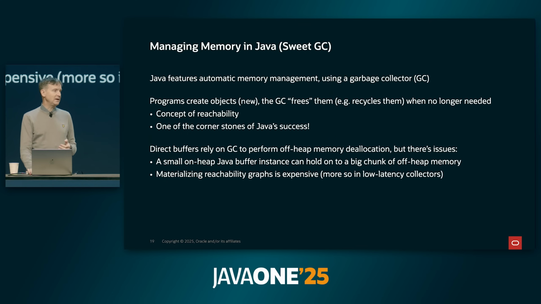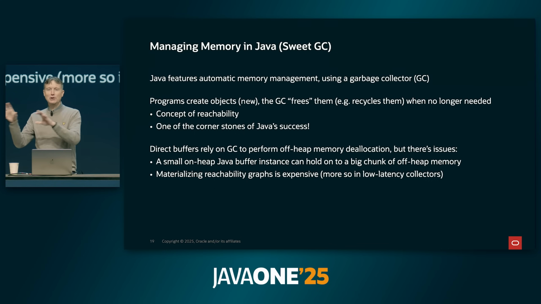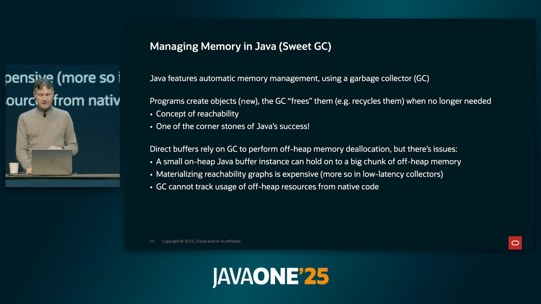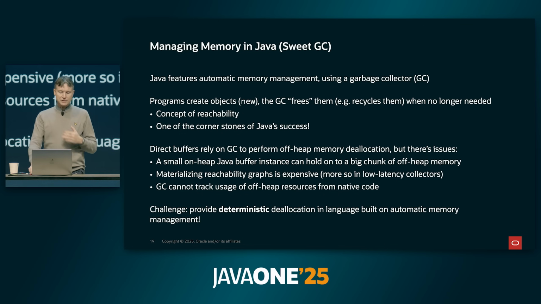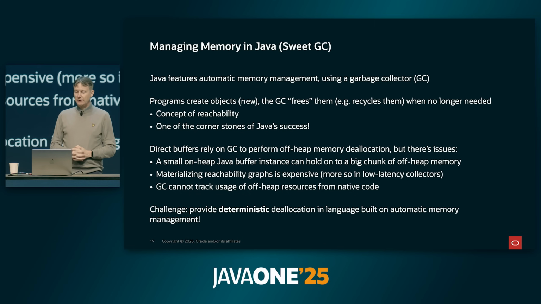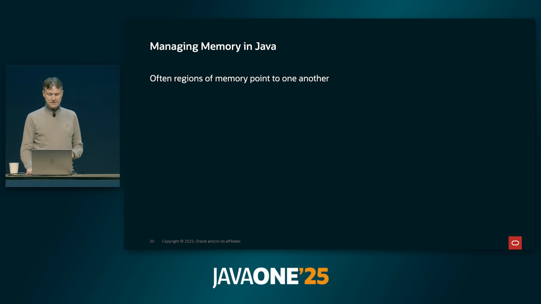It's also relatively expensive to traverse all the reachability graphs, especially if you have a very large heap or low-latency collectors, because every time you look at the heap, you are polluting the cache in your CPU. So the GC cannot track usage of off-heap resources. That was a challenge: providing a deterministic way to deallocate in a language built on automatic memory management, which wasn't easy.